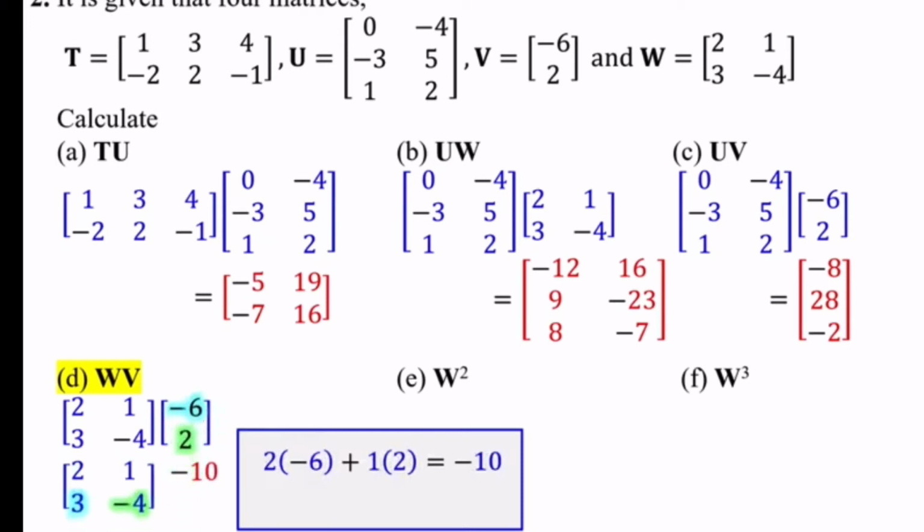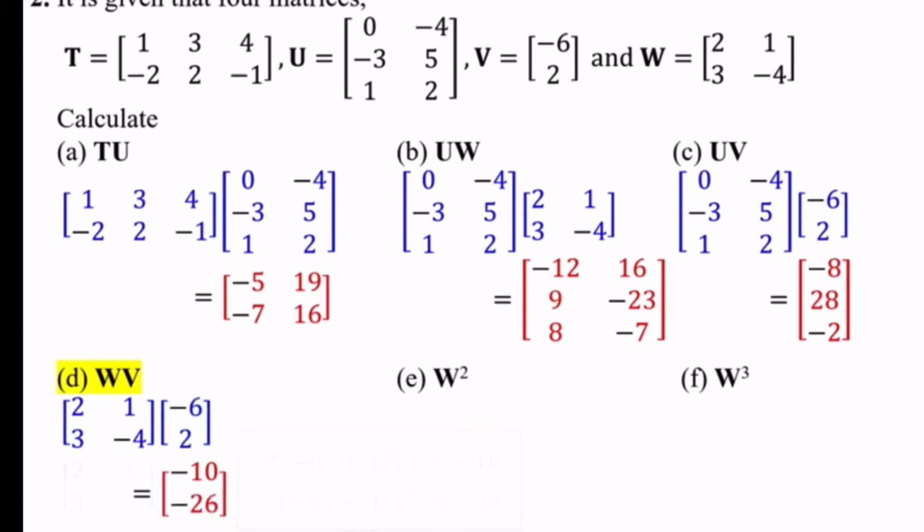Alright, and then followed by the next one, which is 3 times negative 6 plus negative 4 times 2. So we will get the answer for the matrix W times V. Okay, so that is how we multiply the matrix. So now we are going to do W square and W cube, right?